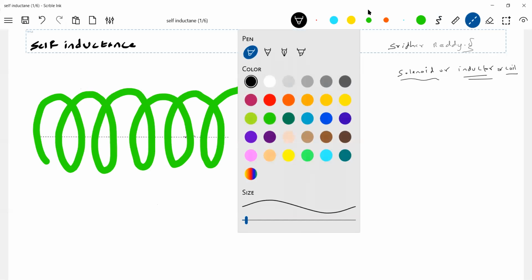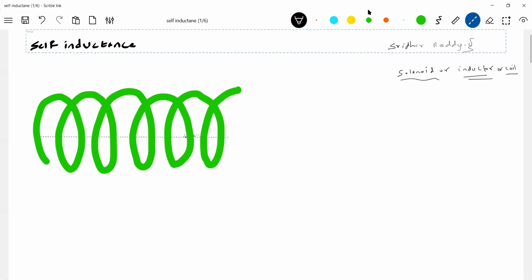Why can't I draw? Not coming. I'll erase it and go for another one.